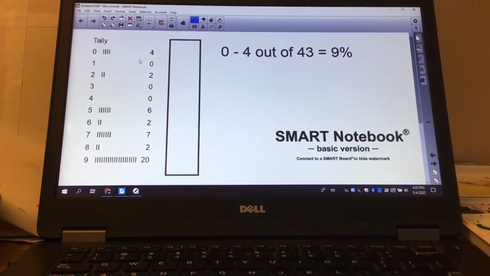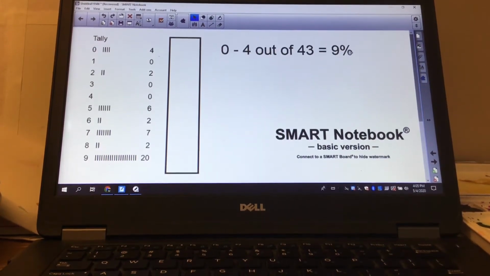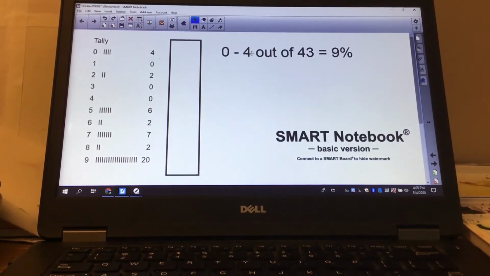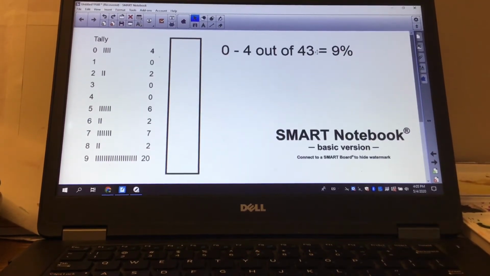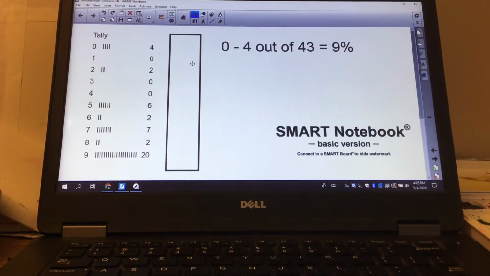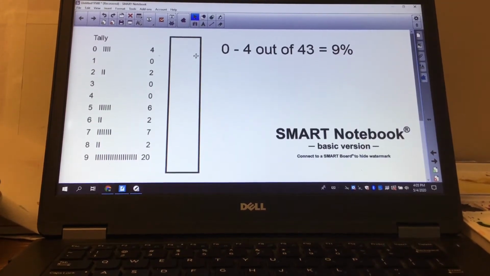So zeros, there were 4 out of 43, so I convert that into a percentage because all probabilities are percentages. So 4 divided by 43 times 100 gives me 9%. Okay, see if you can do that with the other ones. So pause it and calculate all the probabilities, please.